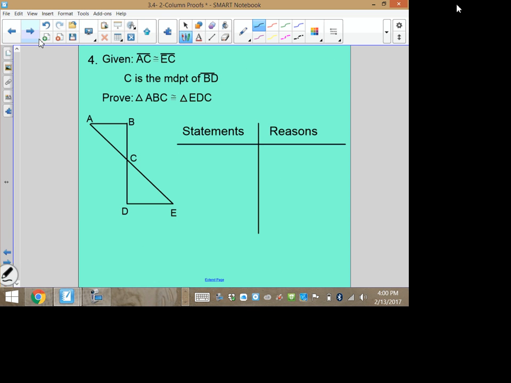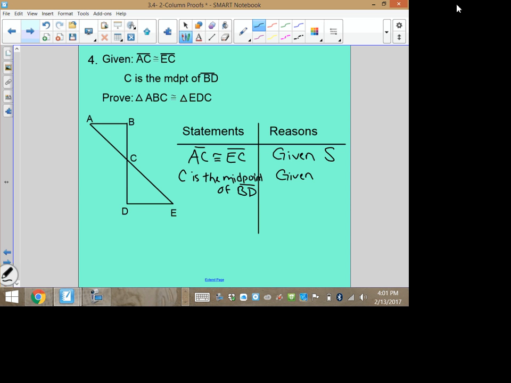So our last one here, we're given that AC is congruent to segment EC, and that's by given, and that's a side. And then it also says that C is the midpoint, and that's given, and that's not a side or an angle, so we're just going to use that.